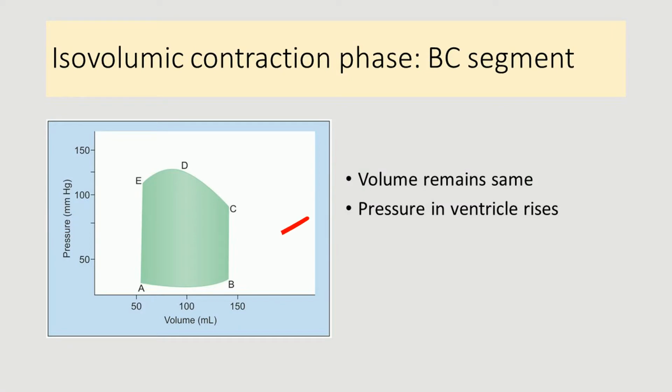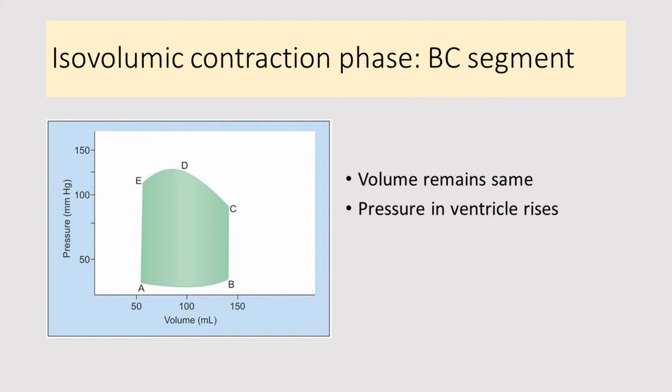Now look at the BC segment. This BC segment starts from the closure of the mitral valve up to the opening of the aortic valve. So this is the isovolumic contraction phase. Now look at the pressure change during this phase.